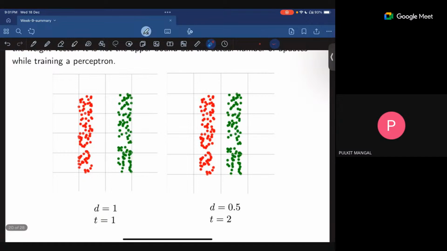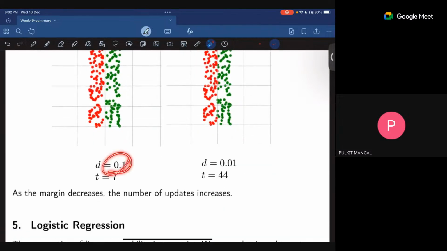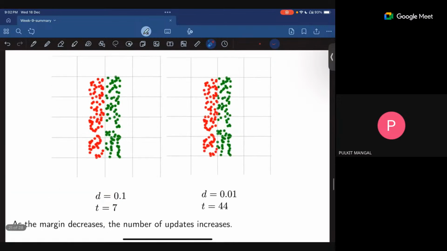If you have a margin of 1, it converges in only one iteration. If you have a margin of 0.5, it converges in 2 iterations only. If the margin is 0.1, the data points are very close, and it takes only 7.